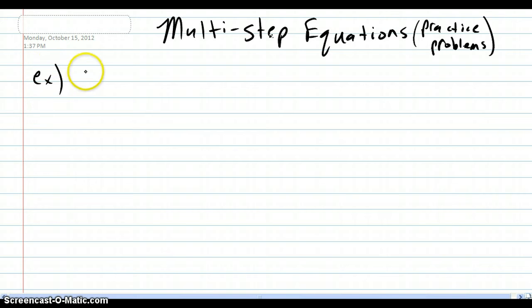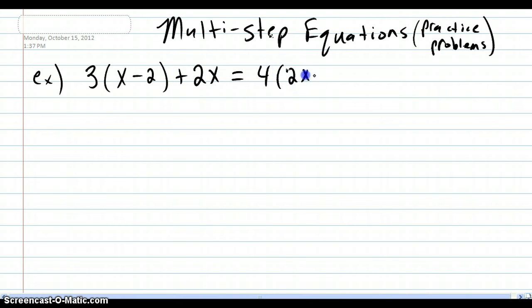Here we go. 3 onto x minus 2 plus 2x equals 4 onto 2x plus 3. Okay, so let's begin.